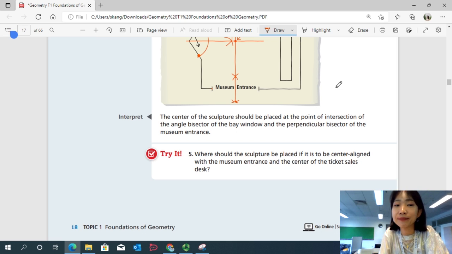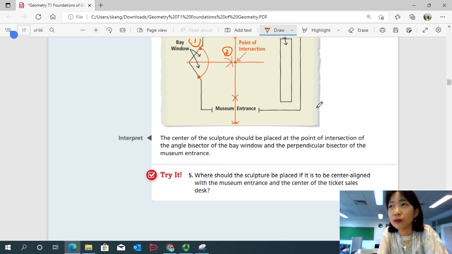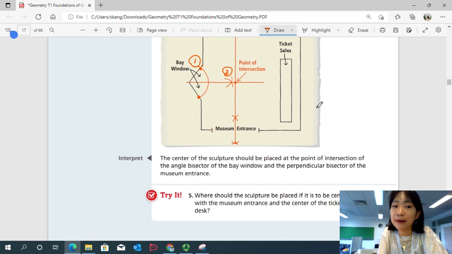Okay, are you ready? So, what are you constructing here? You're constructing a perpendicular bisector of the museum entrance and a perpendicular bisector of the ticket sales desk. So how do you construct a perpendicular bisector?